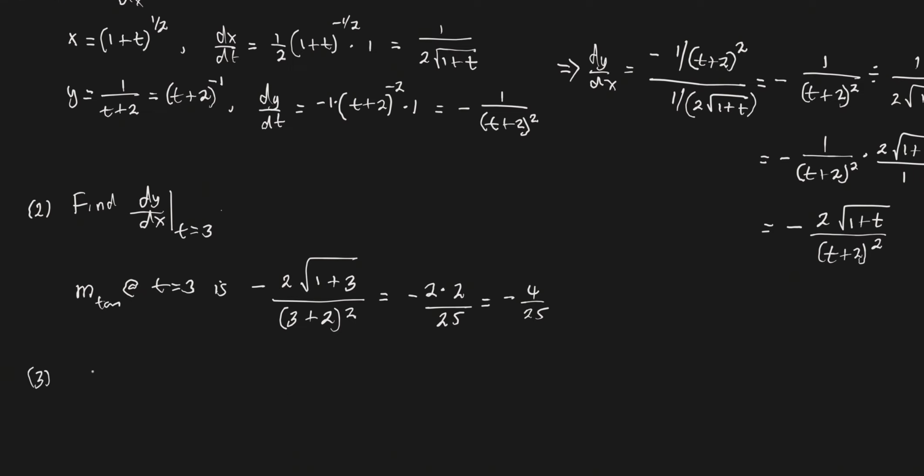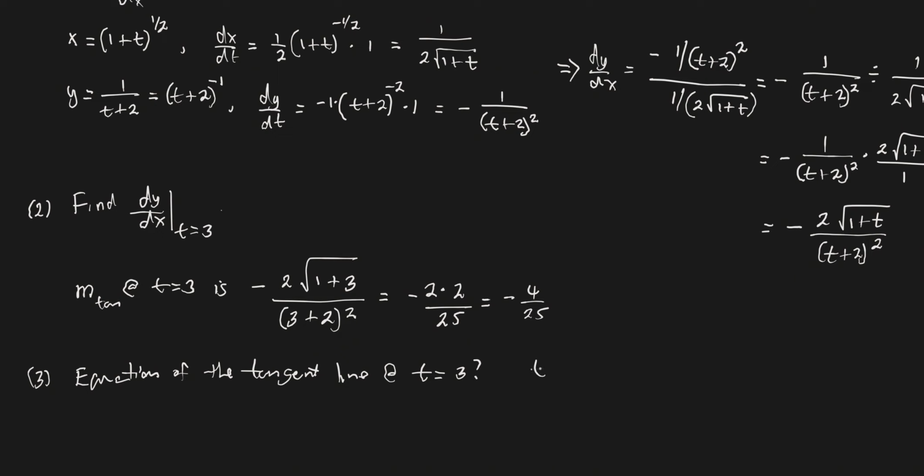What is the equation of the tangent line at that same point? So at t equals 3, right? Now that we know the slope of the tangent line, we would need an ordered pair that the curve passes through.